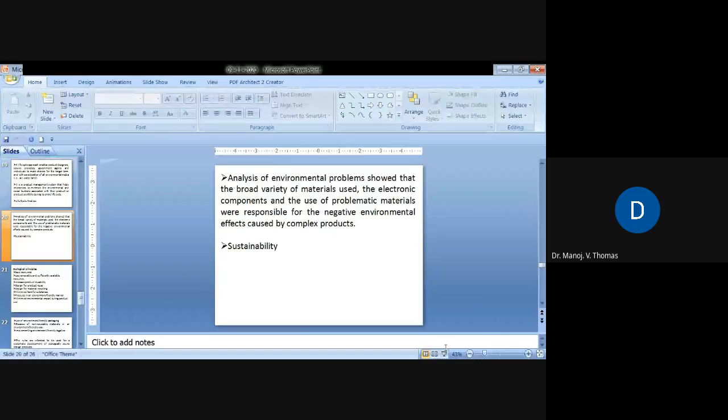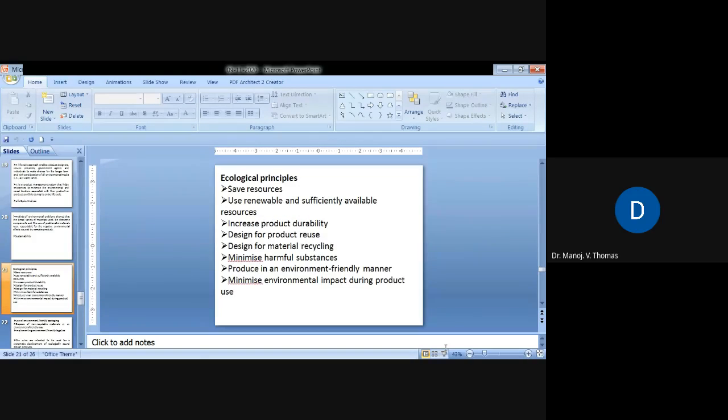Analysis of environmental problems showed that the broad variety of materials used, the economic components, and the use of problematic materials were responsible for the negative environmental effects caused by complex products. So ultimately, it is focusing on sustainability, sustainable engineering, sustainable products. So the ecological principles which we can follow throughout the design of any particular product, if you want to make that design a life cycle design, you should be concentrating on saving the resources.